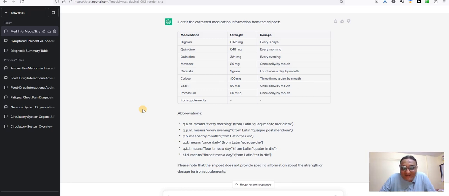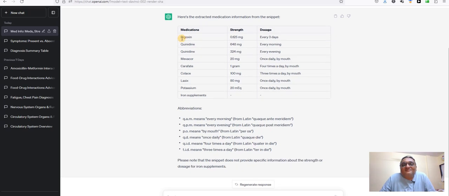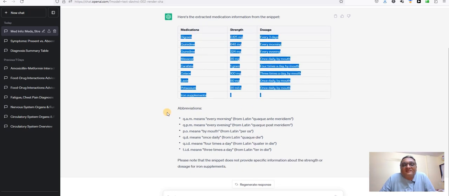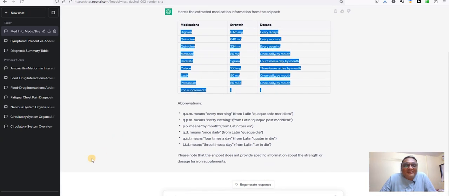So in a sector like healthcare, it is absolutely a must. But after some quick scrutiny, you can give this to your doctor or patient, and all these things we have written in the OpenAI chat.openai.com website.